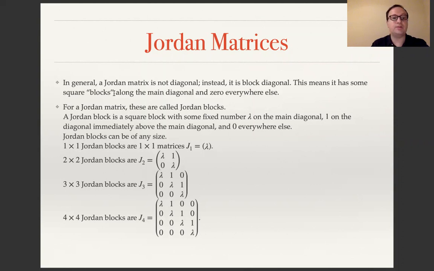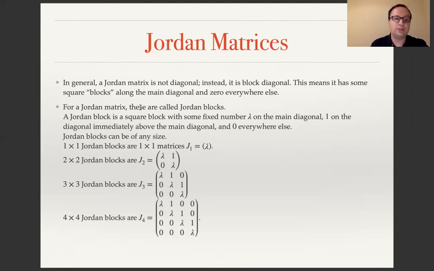But these square blocks don't have to be one by one. So if that were the case, the matrix would be diagonal. These square blocks, though, can be bigger. They can be 2 by 2 or 3 by 3, any size. So a Jordan matrix has square blocks along the main diagonal and is zero everywhere outside these square blocks.